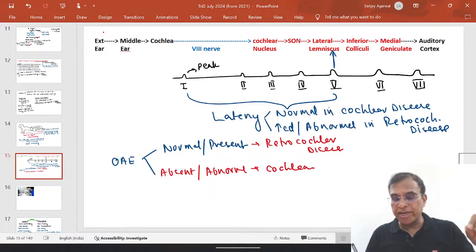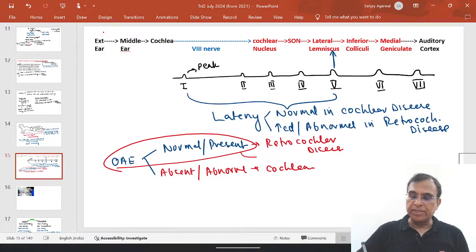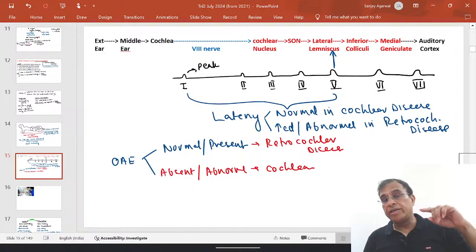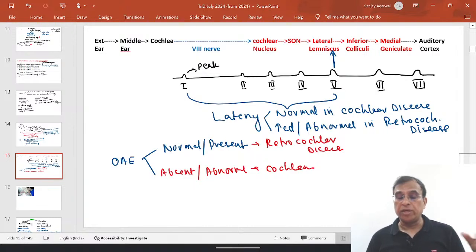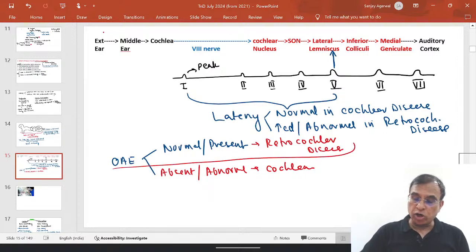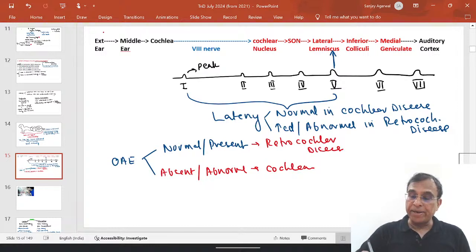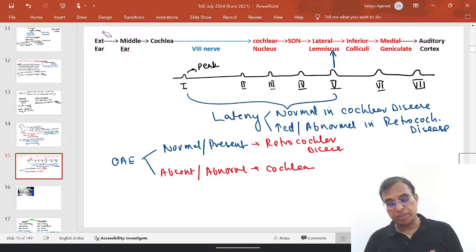In that choice A, it says OAE is normal, which suggests it is a retrocochlear disease. So, in a retrocochlear disease, which is auditory neuropathy, both are matching in choice A. In choice A, OAE is normal, so in retrocochlear this is supposed to be true, and BERA is abnormal, and that is also supposed to be true in a retrocochlear disease.